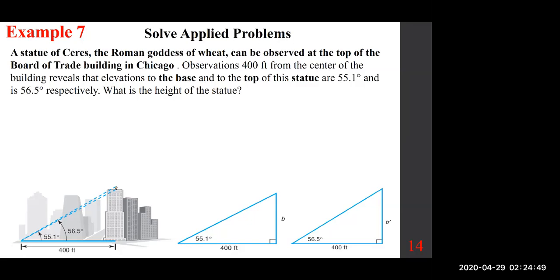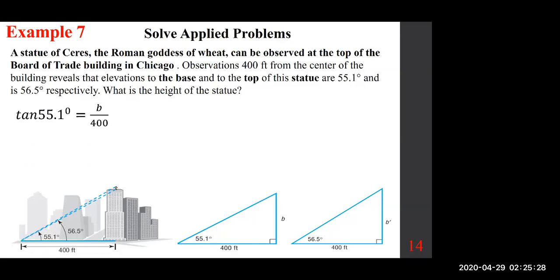The easiest way, given the information, is using a tangent. I hope you see that. So it makes sense to use the tangent here. With that being the case, tan of 55.1 is the opposite, which is called B here, or you can call them H1 and H2, over the base, or the adjacent, or 400.